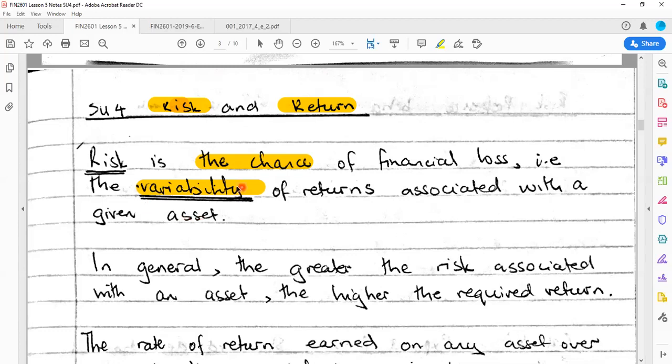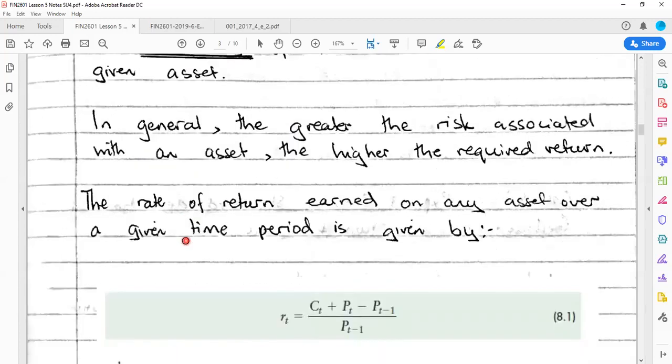So it's the variability of returns associated with a given asset. And in finance and investment in general, the greater the risk associated with an asset, the higher the required return. Investors usually require a higher return for any assets which are associated with higher risk, right?